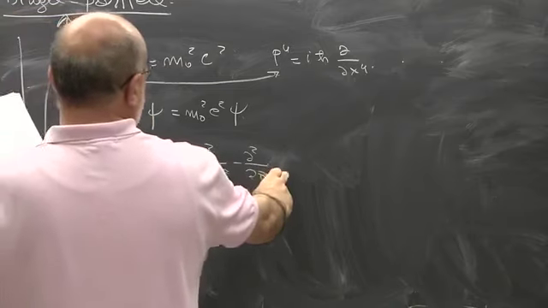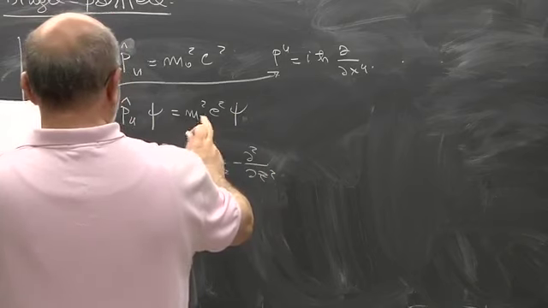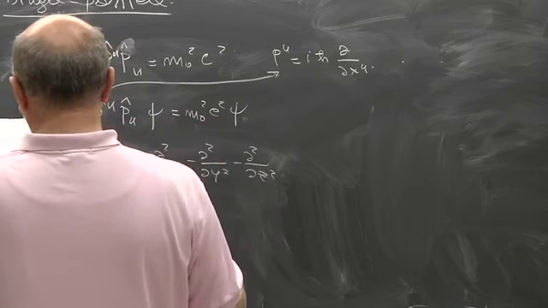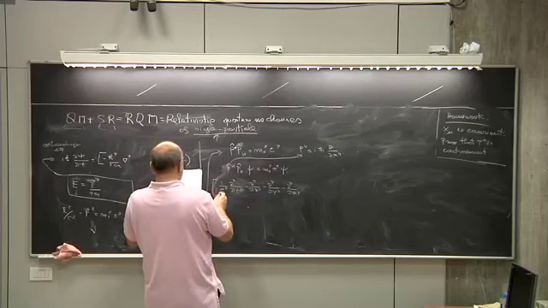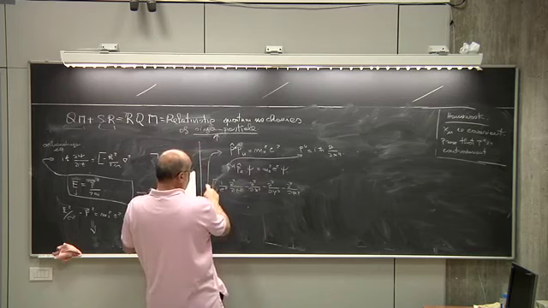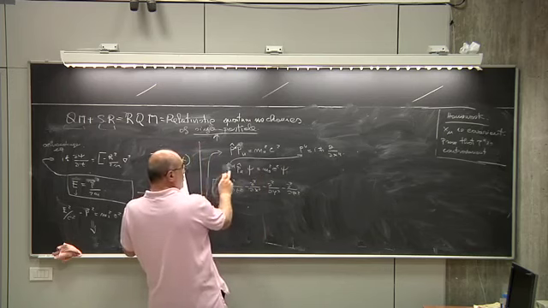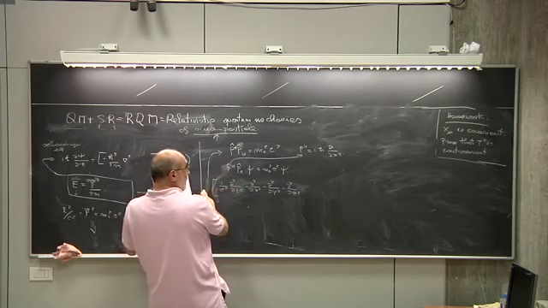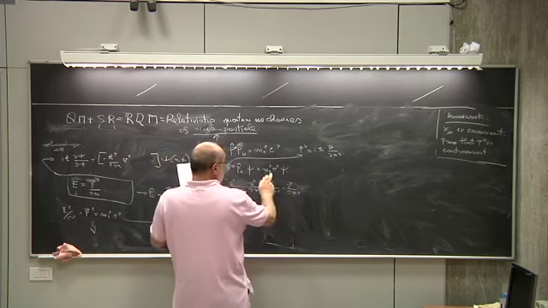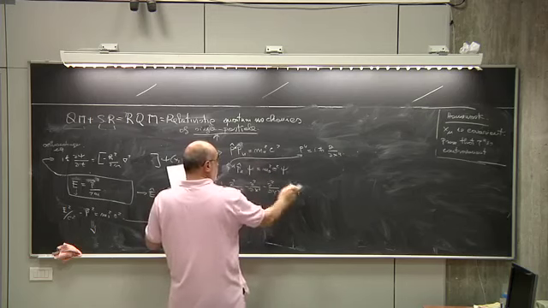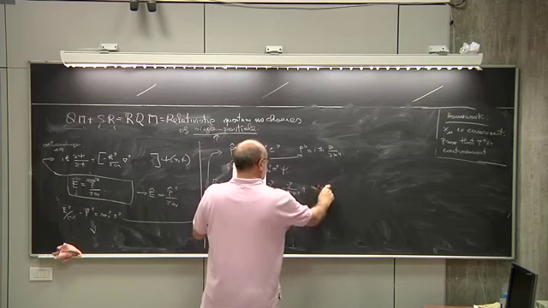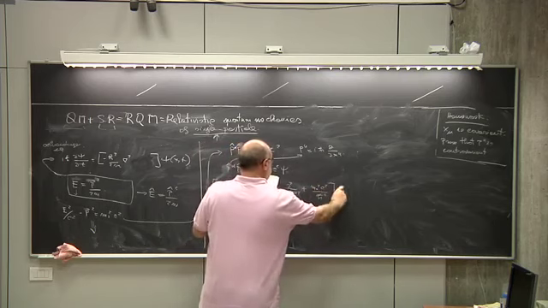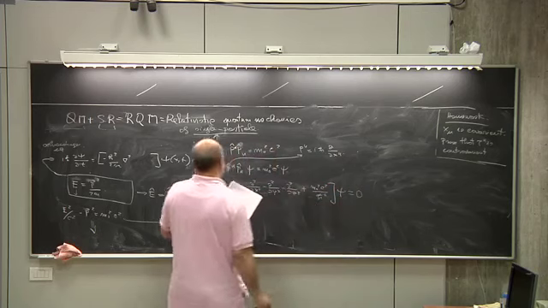It is applied on a psi, but also this is applied to a psi. So now I have to be careful with the sign. If I bring the other things on the other side, I have to be careful here because there was a minus h bar. Here there was a minus h bar that I forgot. That minus h bar I bring down, and I bring it in the denominator, and I bring this on the other side. So the net result is m c squared over h bar squared psi equals 0.